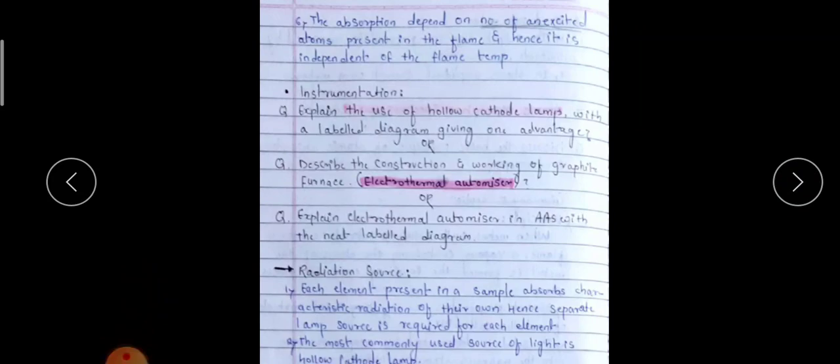By using Beer-Lambert's law, we correlate that absorption is directly proportional to the concentration, that is the number of atoms present in the flame, and the path length of the flame. Have you got this principle?